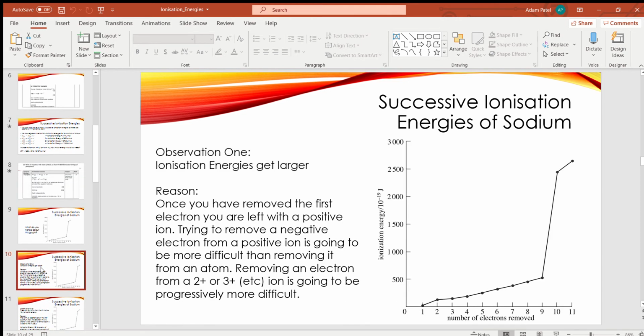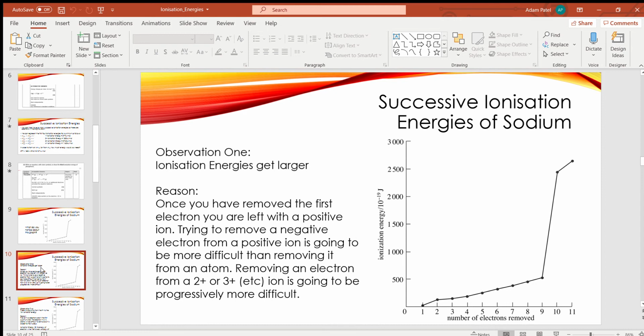The first observation here is that your ionization energies get larger as you remove more electrons. Once you remove the first electron, you are left with a positive ion. Because now you're left with a positive ion, you've got more attraction between your positive nucleus and your electrons. Sometimes you might even be going down in levels.